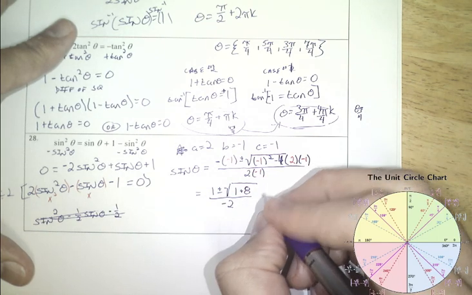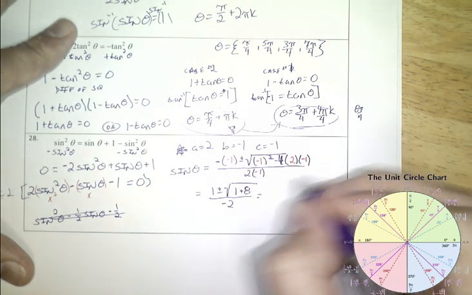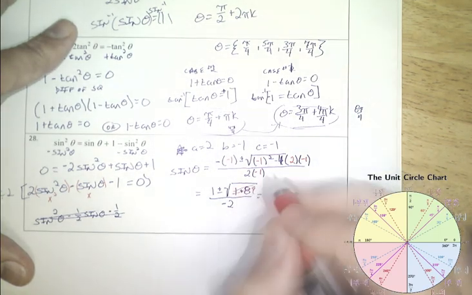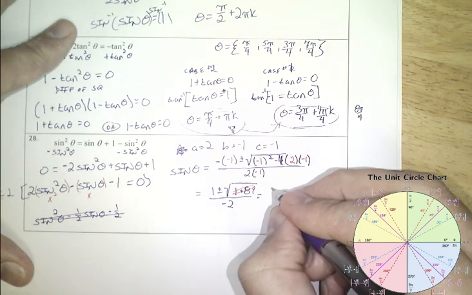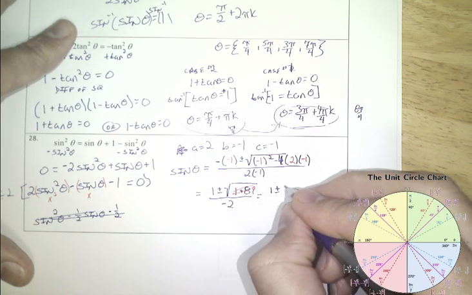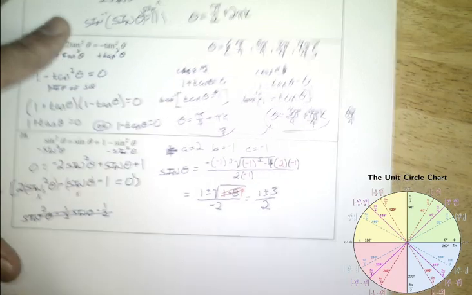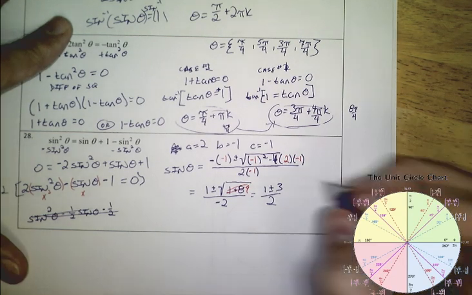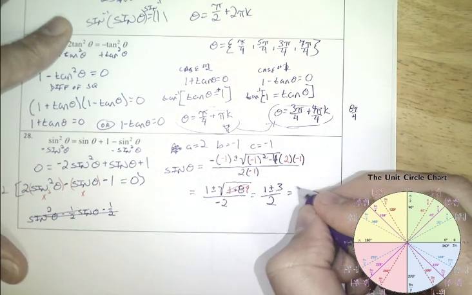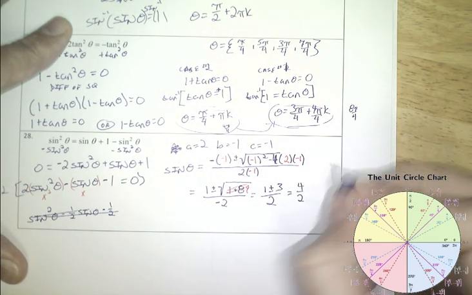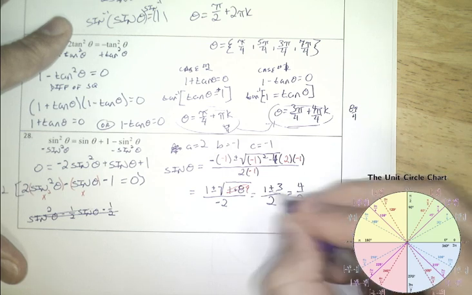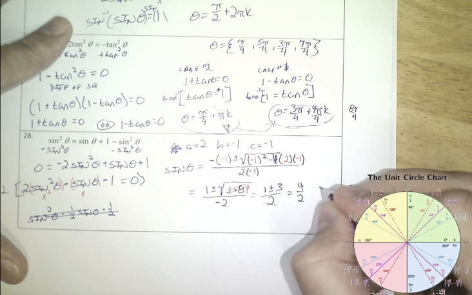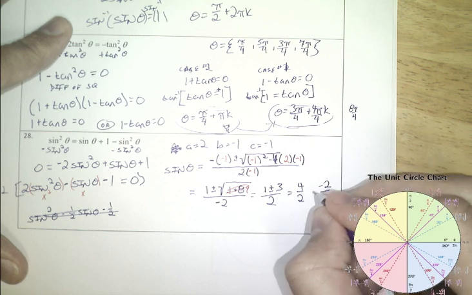So now this just ends up being 9, and the square root of 9 is 3, so this is 1 plus or minus 3 over 2. So 1 plus 3 is 4 over 2, and 1 minus 3 is negative 2 over 2.